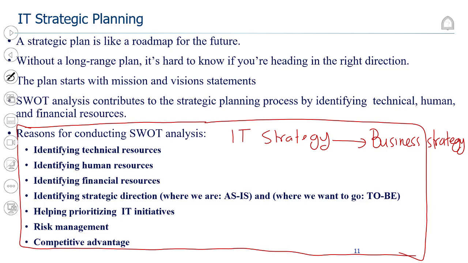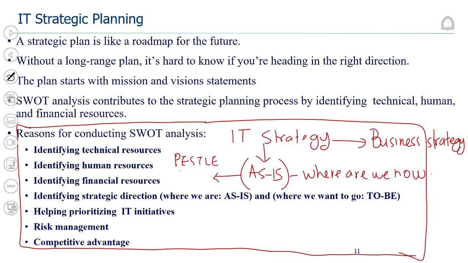At that point, we have to do an assessment of where we are. So part of the IT strategy, the first thing we have to do is find out the as-is. Where are we now? In order to do this, there are many tools that we can use. There are many models. There's something called PESTLE.